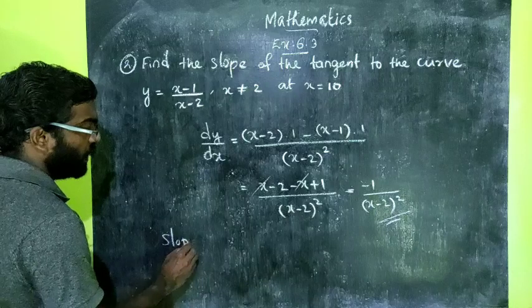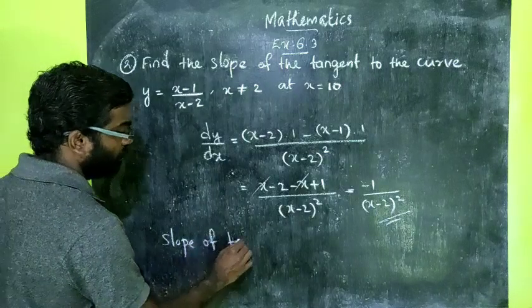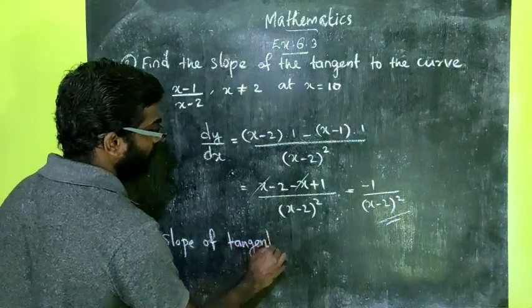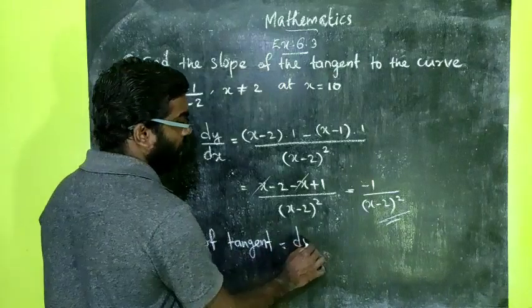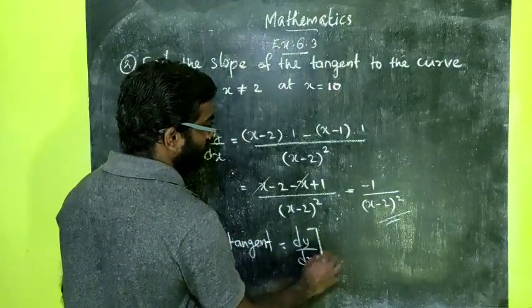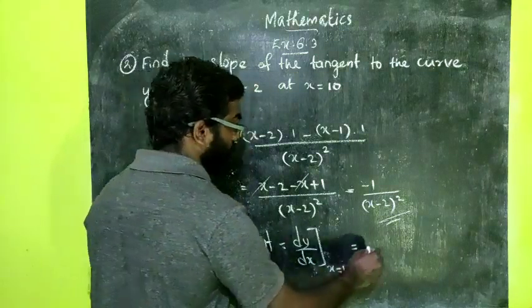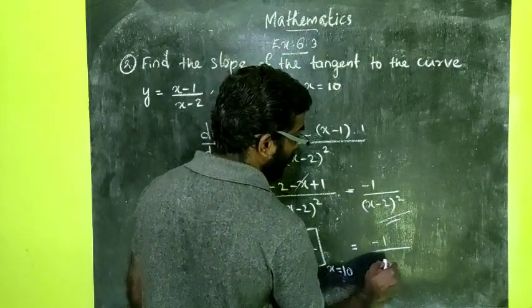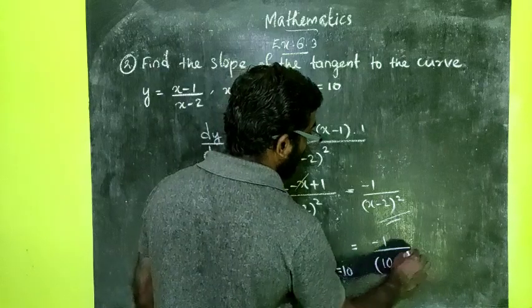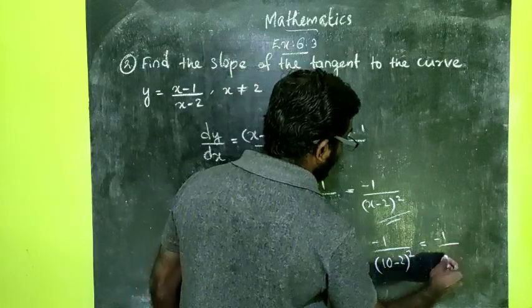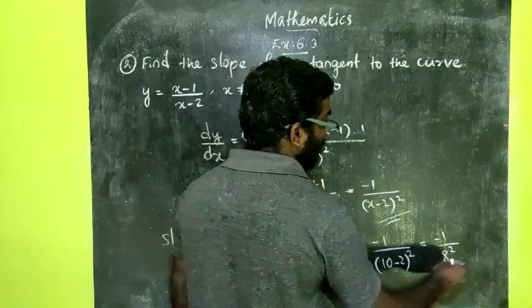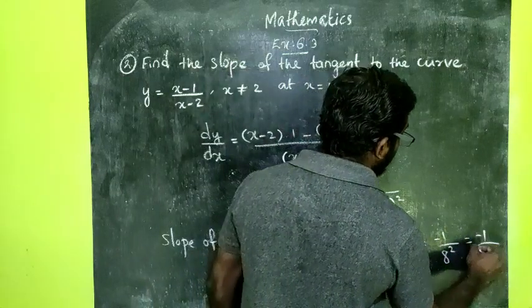So the slope of the tangent is equal to dy by dx at x equal to 10, which is equal to minus 1 by 10 minus 2 the whole square, that is minus 1 by 8 square, which is equal to minus 1 by 64.